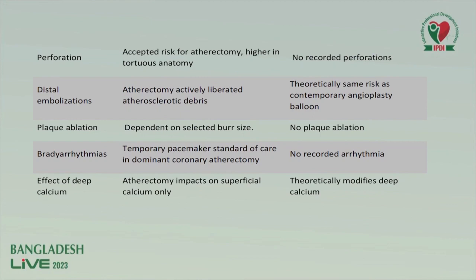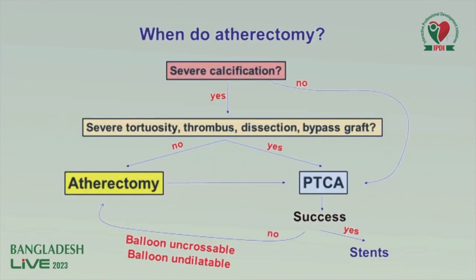Usually we deal with superficial calcium with rotational atherectomy, and we modify deep calcium with intravascular lithotripsy. So why do we not do atherectomy? Usually we do not do atherectomy if there is severe tortuosity, thrombus, dissection, or any bypass graft vessel.